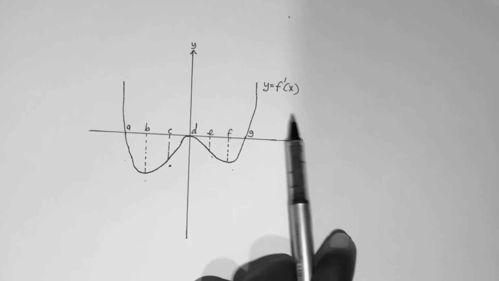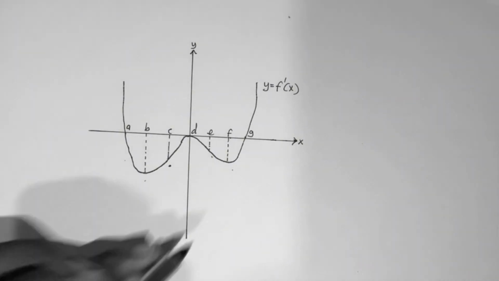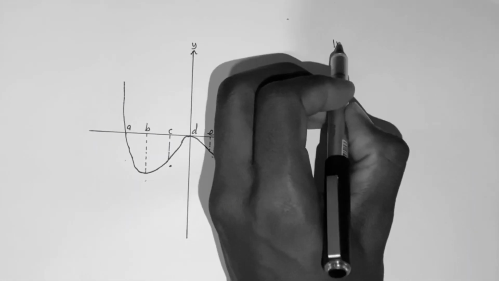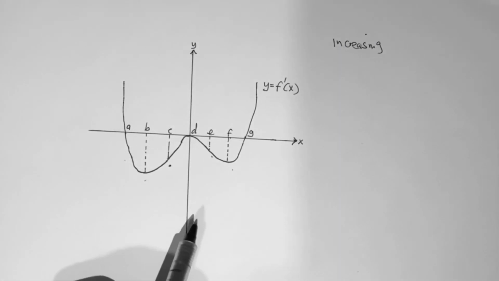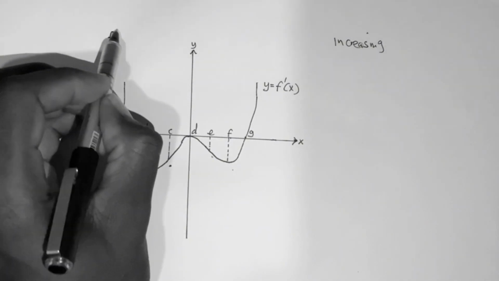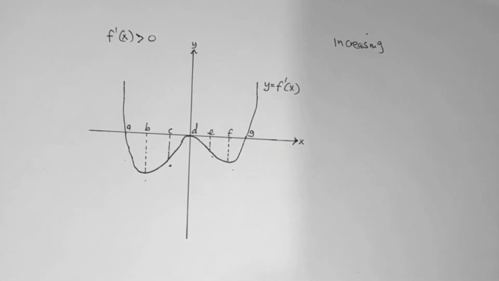So using that same understanding, this is f prime of x. Let's find the region in which the function is increasing. Remember that we said for the region in which f of x is increasing, f prime of x should be greater than 0.